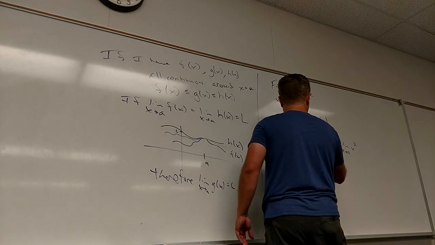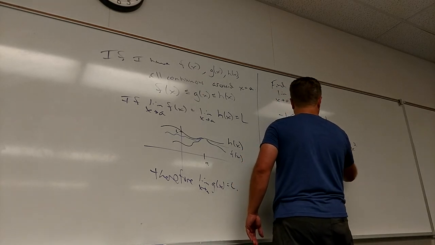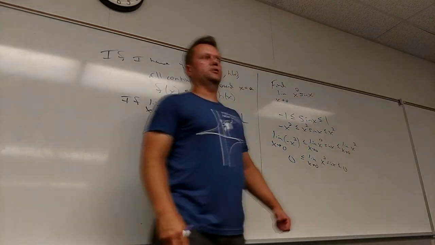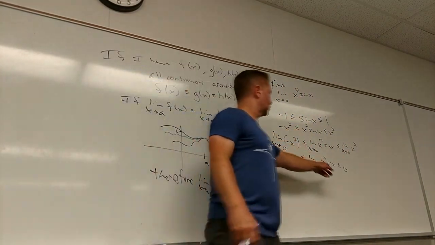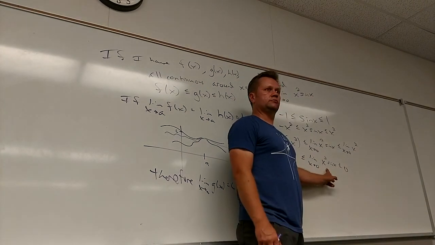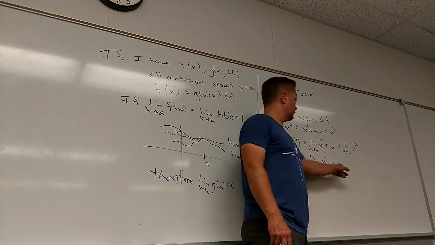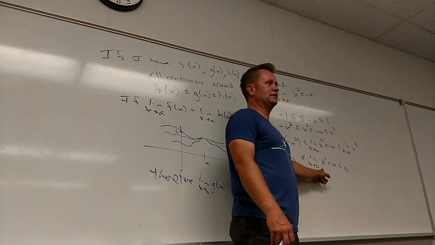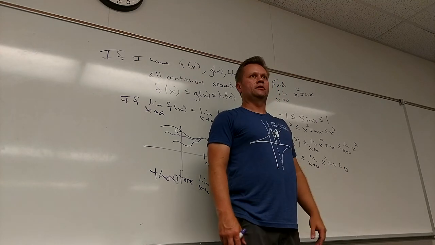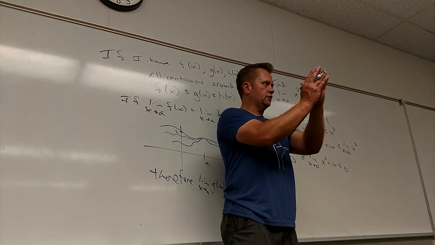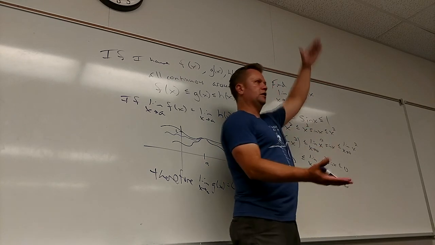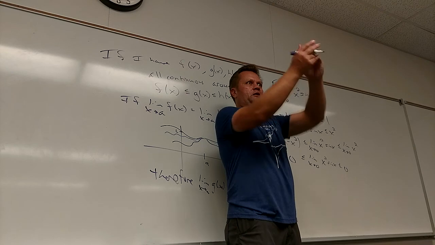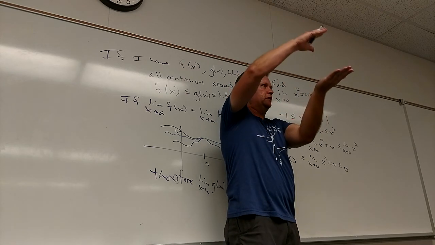Therefore, the limit as x goes to 0 of x squared sine of x has to also be 0. The only way to make that true is if the middle one's limit is 0. If it was 1, it violates that. If it was less than 0, it would violate that. That's the squeeze part of it, right? The ceiling and the floor collapse, therefore I must be in the same place they are.